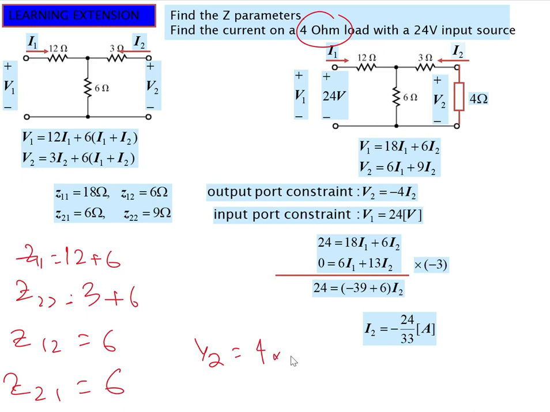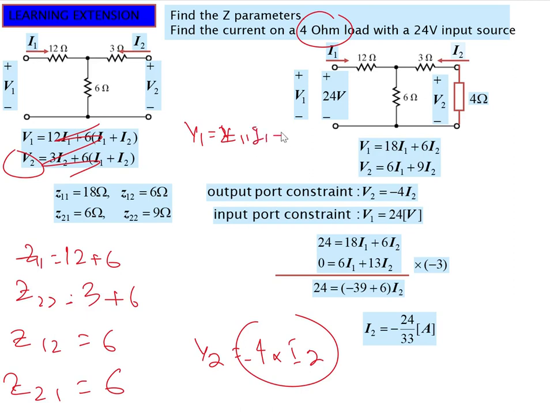So 4 multiplied by I2 multiplied by a minus sign. This is the first thing that we will be replacing in the equations where V1 is equal to Z11 I1 plus Z12 I2, and V2 is equal to Z21 I1 plus Z22 I2.